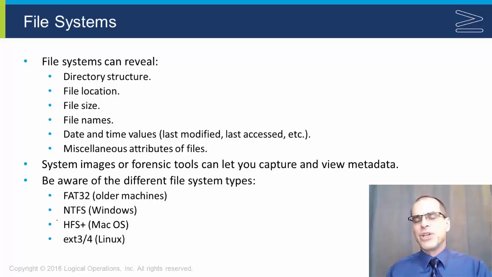And you might think, well, so you see the directory structure, so what? Well, the thing is, if someone has intentionally attempted to collect and or hide certain types of information, they may have created directories in an attempt to move those files out of the way, as it were.